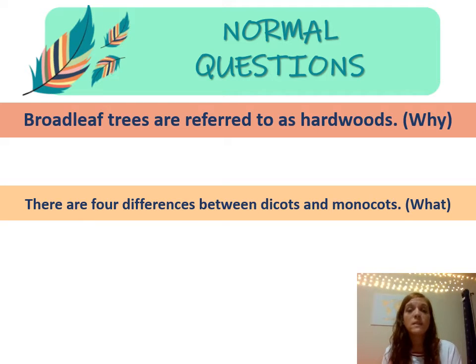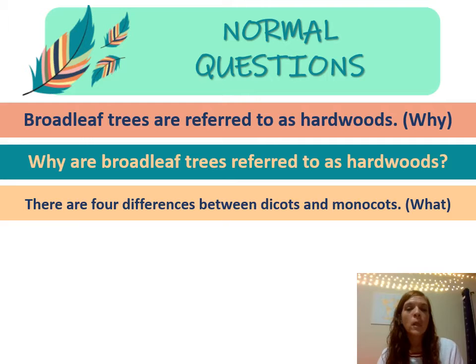What do I mean? Well, sentences are subject, verb, complete thought, right? In questions, it's verb, subject, complete thought. Like, look at example 1. I'm going to show you what it looks like. Why are broadleaf trees referred to as hardwoods?